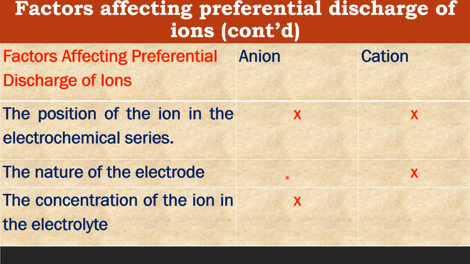But the nature of electrode, you can see the column of anion is empty, but the column of cation is marked. So nature of electrode affects only cation. It doesn't have any effect on the anion. And of course, concentration affects only the anion, no effect on the cation. So this is a summary of what we are saying about those three factors.